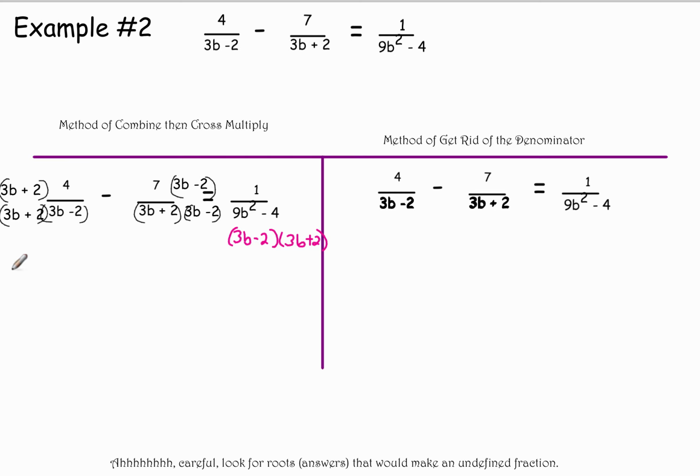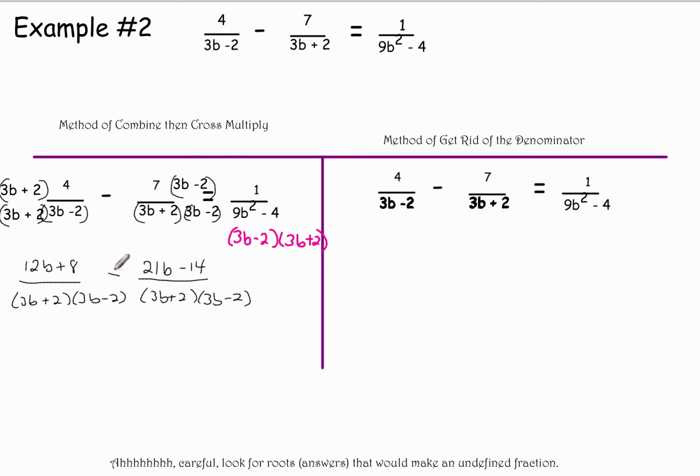This would become 12b plus 8 over 3b plus 2, 3b minus 2, minus, this would become 21b minus 14 over 3b plus 2, 3b minus 2. All right, I'm going to just combine this right now, and I have to be aware, I've been showing you this, I think it's like the fourth one in a row.